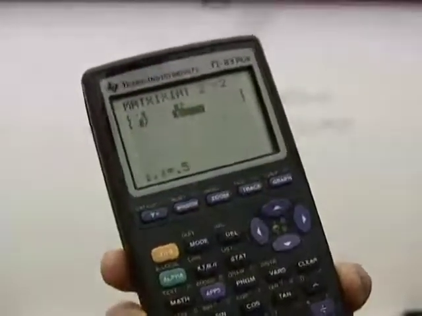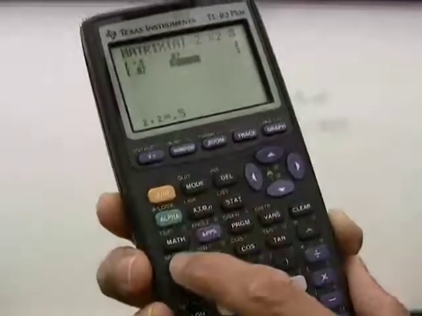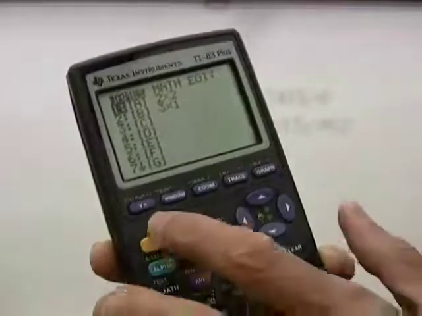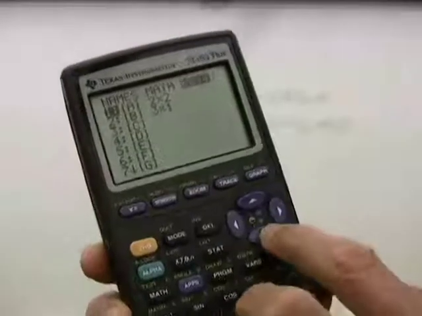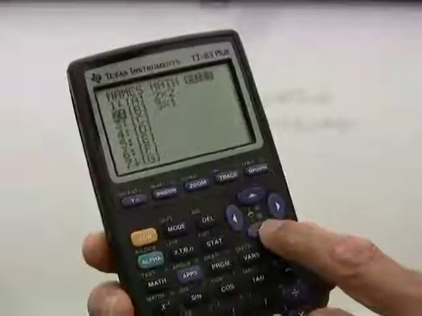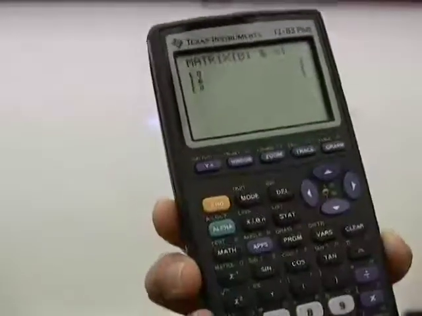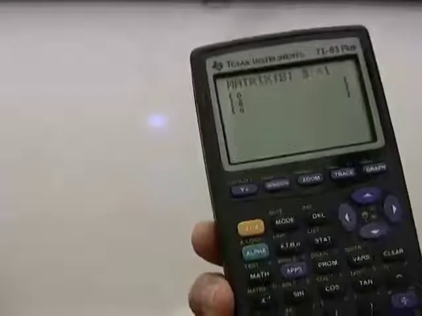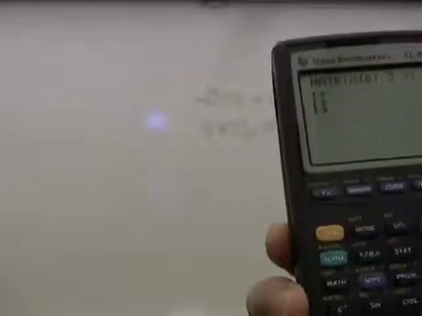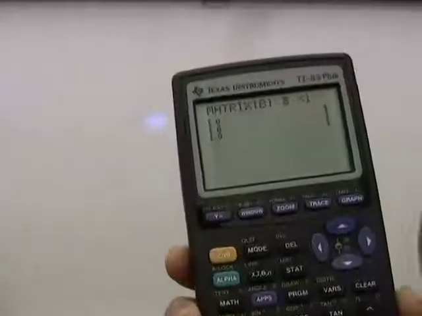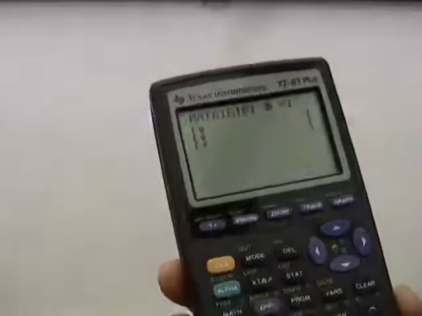Alright, let's now go and make another matrix. How do you go make the matrix? Second x inverse. Now this time you are going to edit a matrix B. So go down once. And that is the matrix we are going to use, and enter. This time the right hand side, what are the numbers on the right hand side? It is 0 and 417.5. That is a 2 by 1 matrix, 2 rows and 1 column.